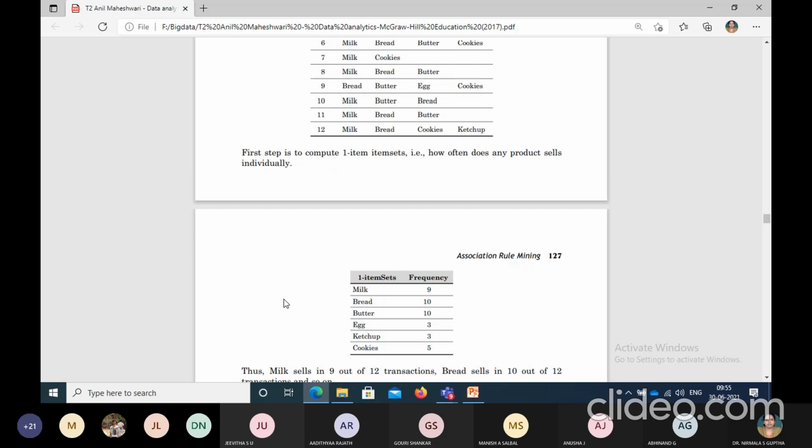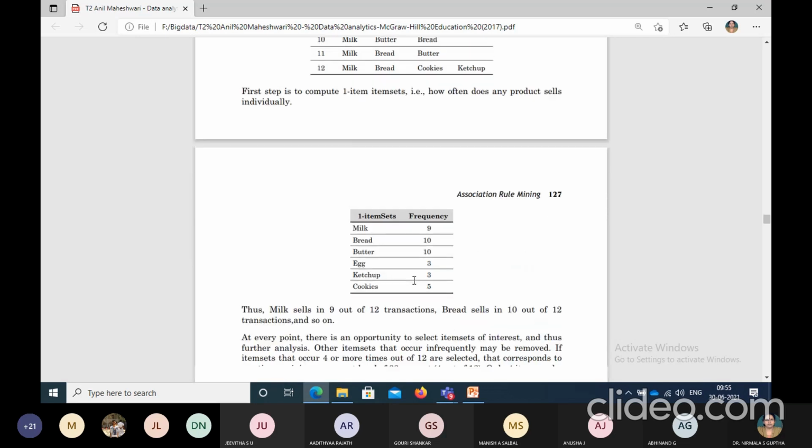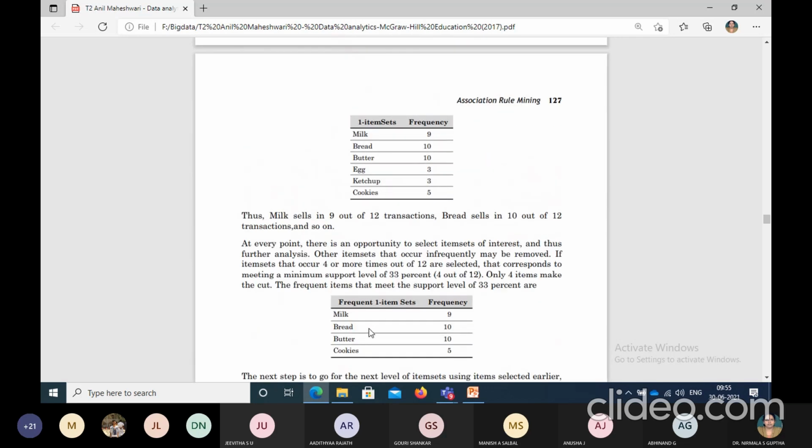Any doubt now? So the frequent item sets that meet the support level of 33% are only 4 products: milk, bread, butter, cookies. Up to this you understood?